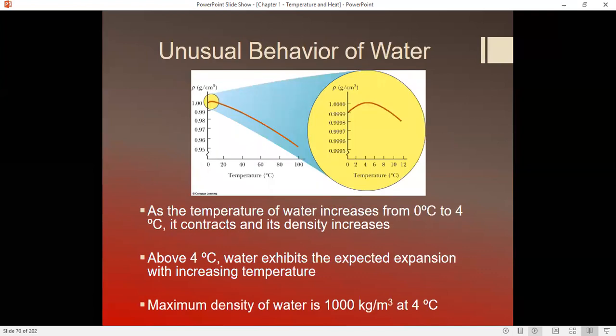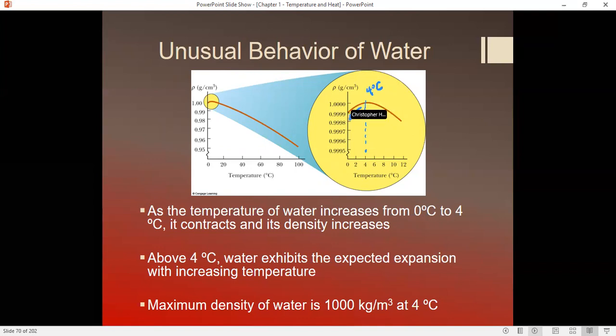Now, water has a bizarre behavior near its freezing point. Believe it or not, water is the most dense at 4 degrees Celsius, okay? And if you actually cool it further than that, its density will begin to drop.